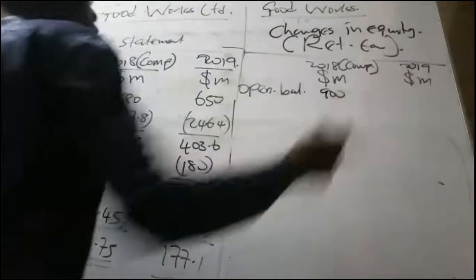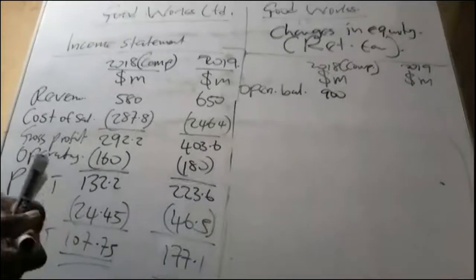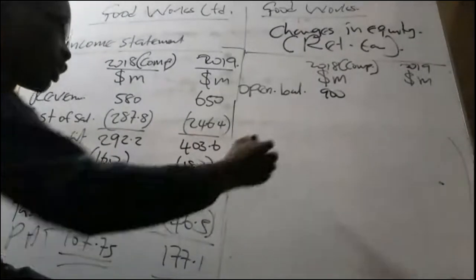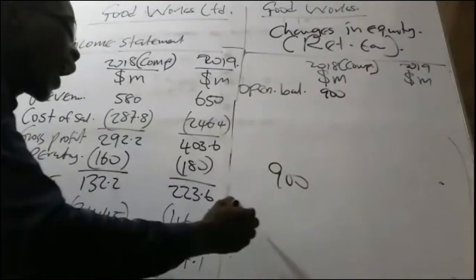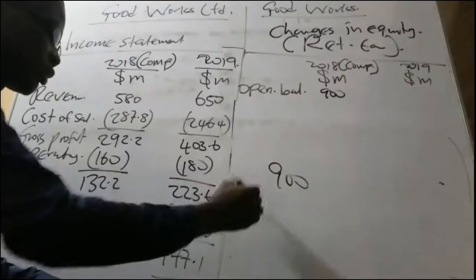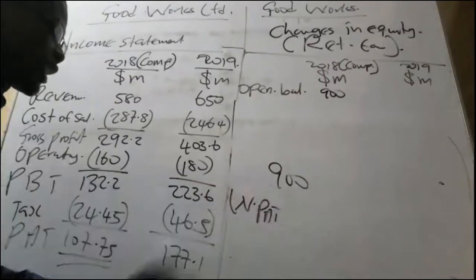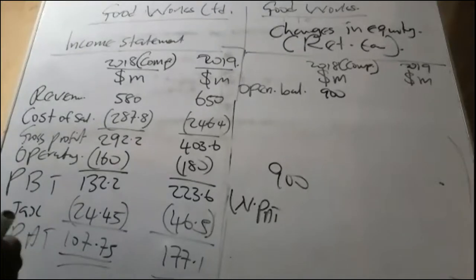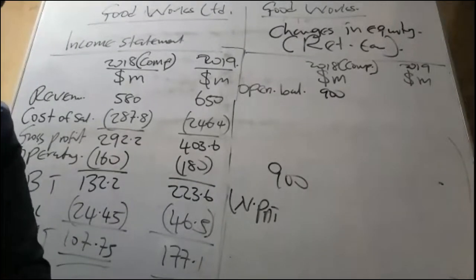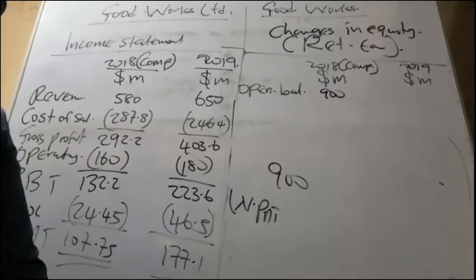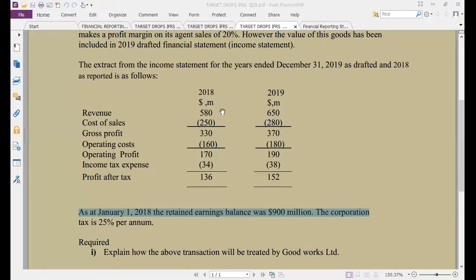How do you get an opening balance for 2019? To be on the safer side, take this 900, add the wrong profit, the profit from the question. So let's go to the original question. 2018, they made a profit of 136. Kindly add it to this.